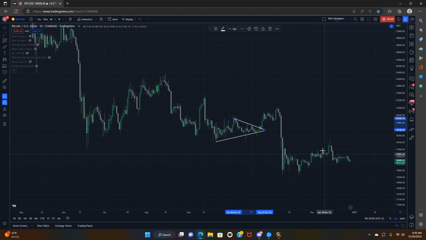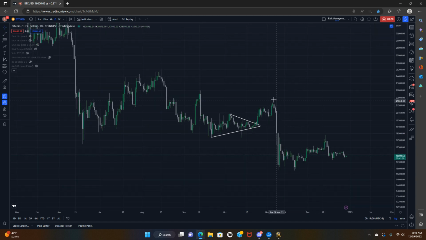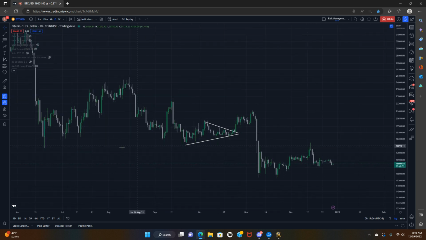Now, this is a good example where it didn't work out because we had the FTX collapse right here, right? FTX collapsed up here and took the market with it. But basically what we had here was a long period of consolidation at the lows, really starting from here, 14th of September, all the way to October 20th, so roughly a month at the lows.